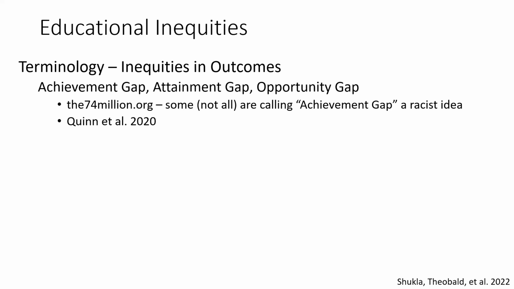These data show that when we use achievement gap discourse, people are likely to think Black students are way lower achieving than they actually are. And so I have moved away from this discourse almost completely, but it's been rapid. You'll still read lots of papers that say achievement gap or opportunity gap or attainment gap.